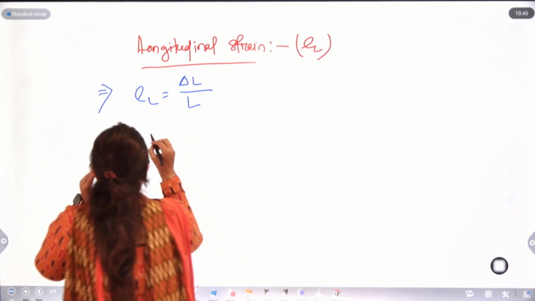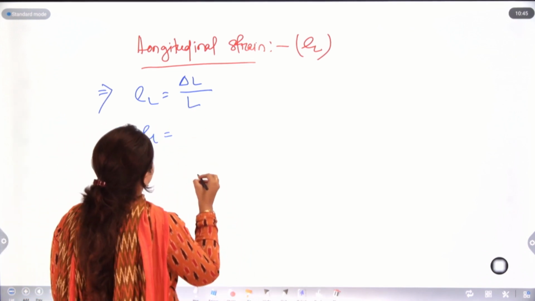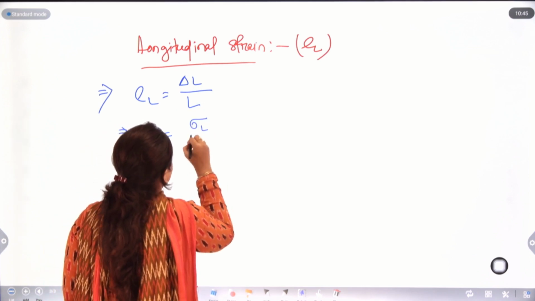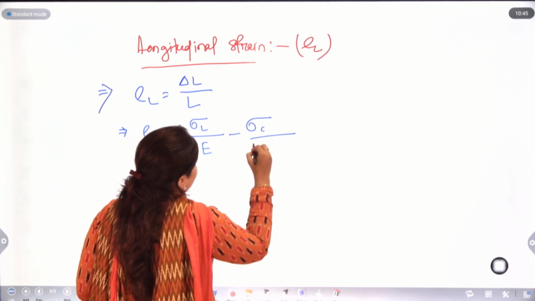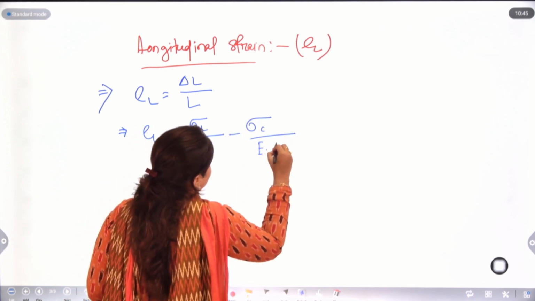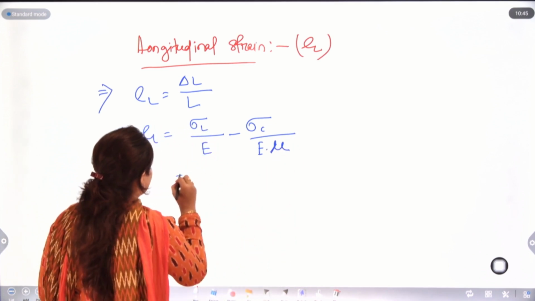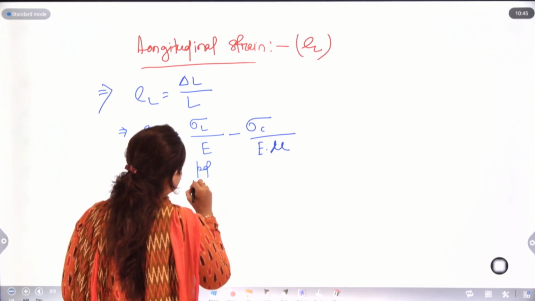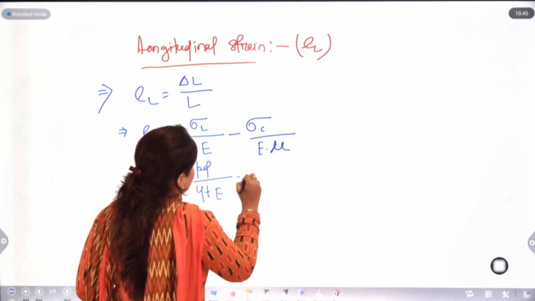So, we can write e L equals sigma L upon E minus sigma c upon E into mu. Now, by putting the formulas of sigma L and sigma c, we will get our values.